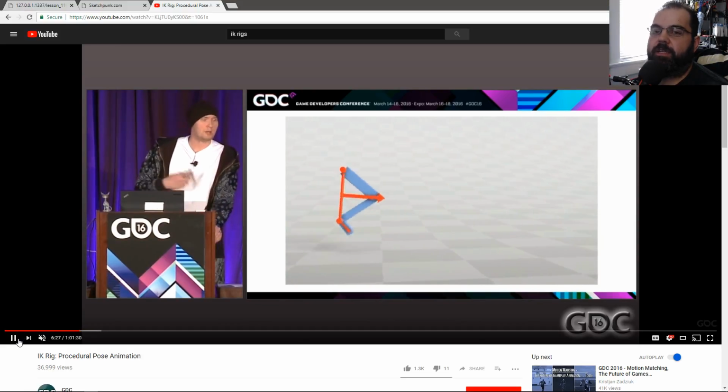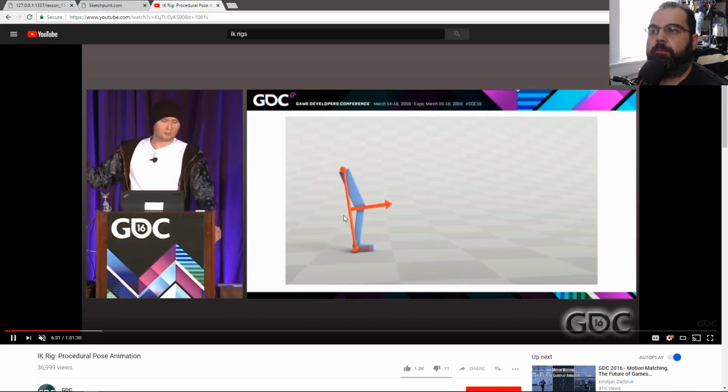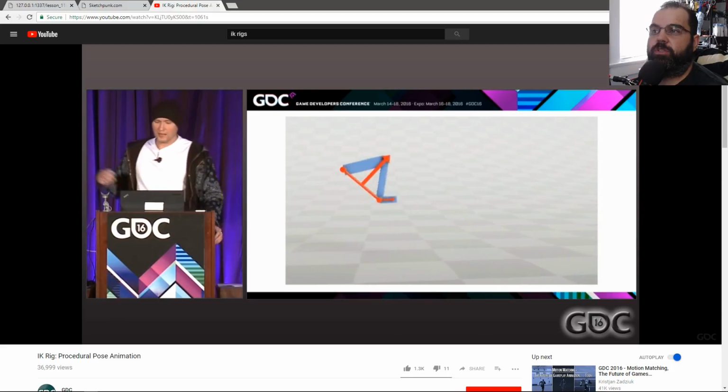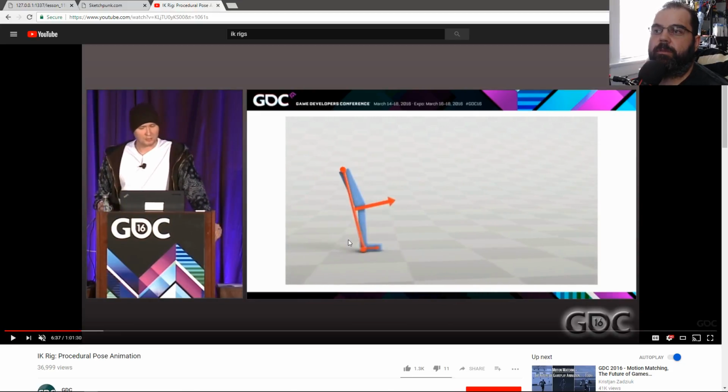But in a second, I'll show you the beauty of having that very simplistic bit of data, because now we're just dealing with just two joints, really, and the foot basically goes in the parallel direction of the normal of the place you're going to. So if you're touching the floor and the normal direction is up, and you kind of just rotate by 90 degrees, that's where the foot goes. But like I said, the foot is based on where it lands, else it animates in its own way.